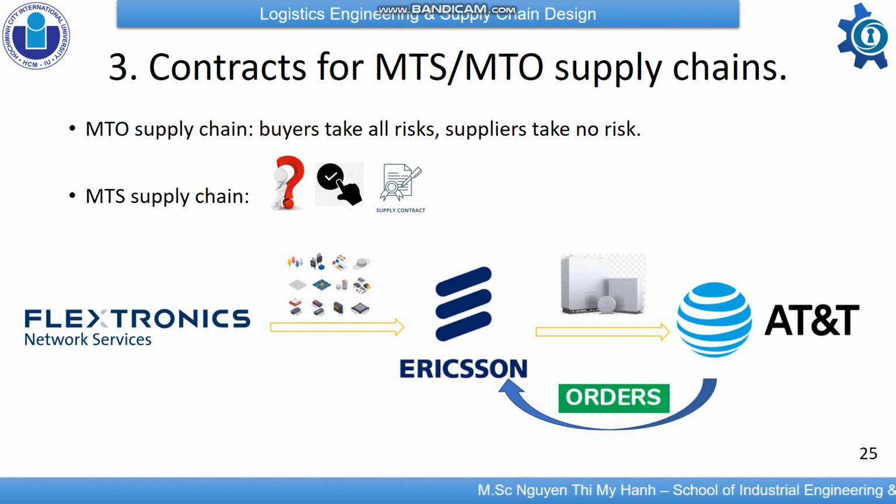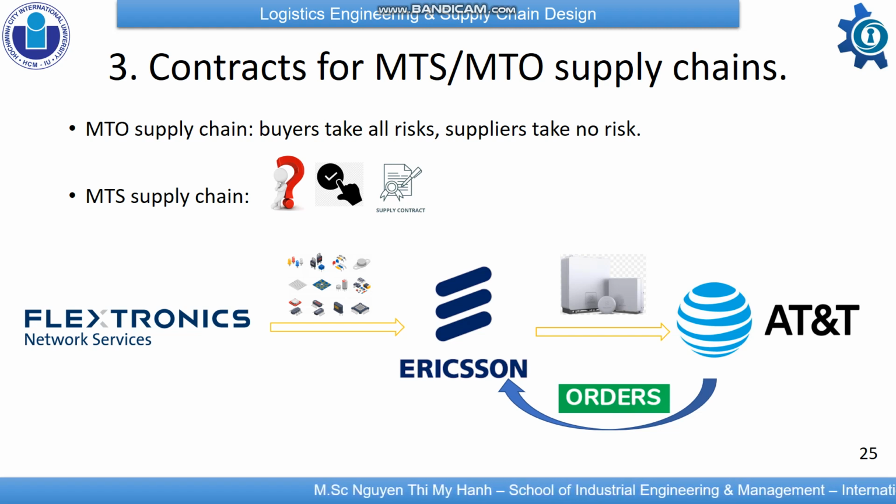In the last video, we already learned about the supply contracts for strategic components. The key assumption when we make those contracts is that the supplier has a make-to-order supply chain.